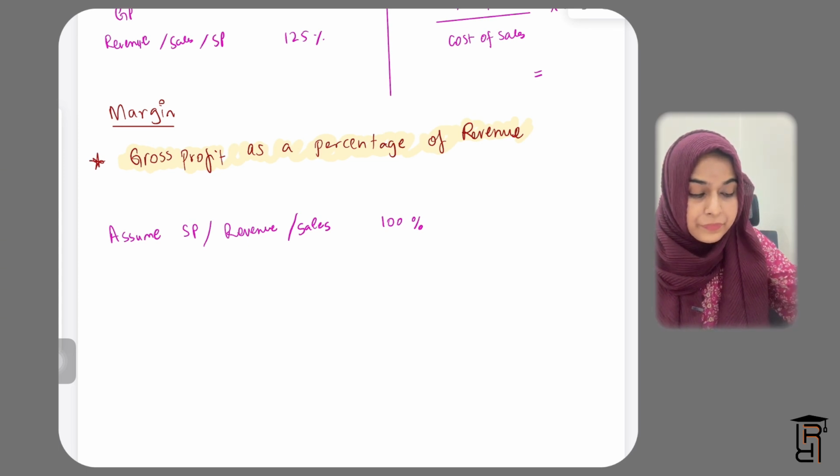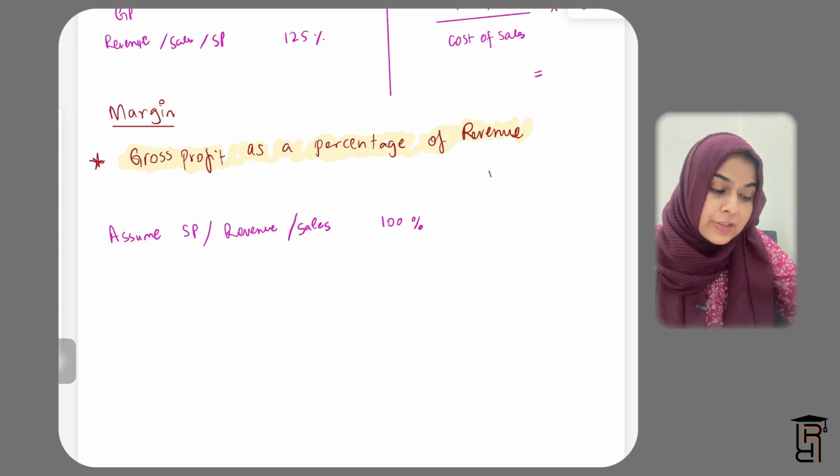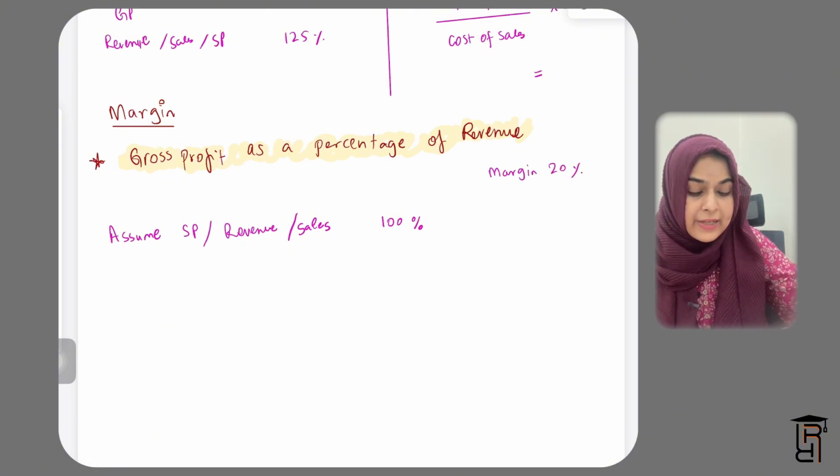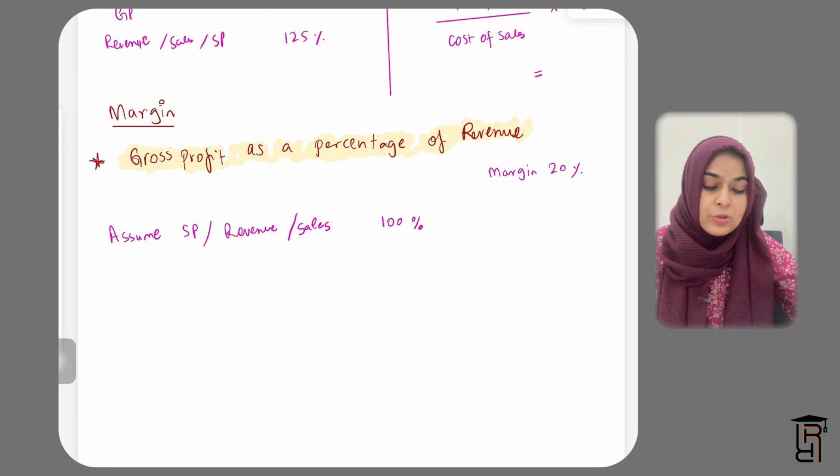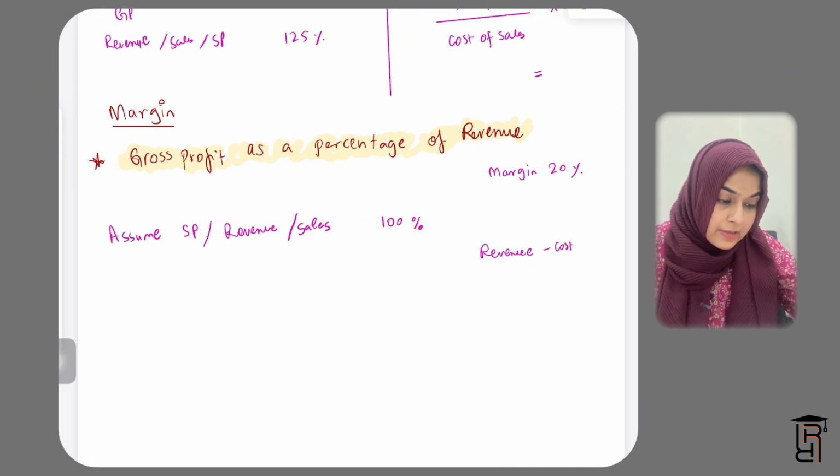And let's say the question tells you that margin is 20%. Then the assumption will be that revenue is 100%, and you guys know revenue minus cost of sales gives you gross profit.